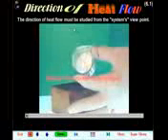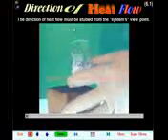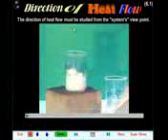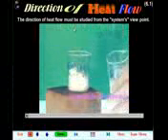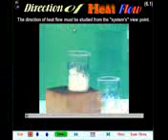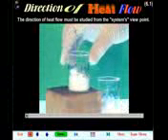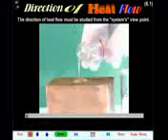In this beaker is barium hydroxide octahydrate. The second beaker contains ammonium thiocyanide. Both are white crystalline solids. Water is poured on the wooden block.